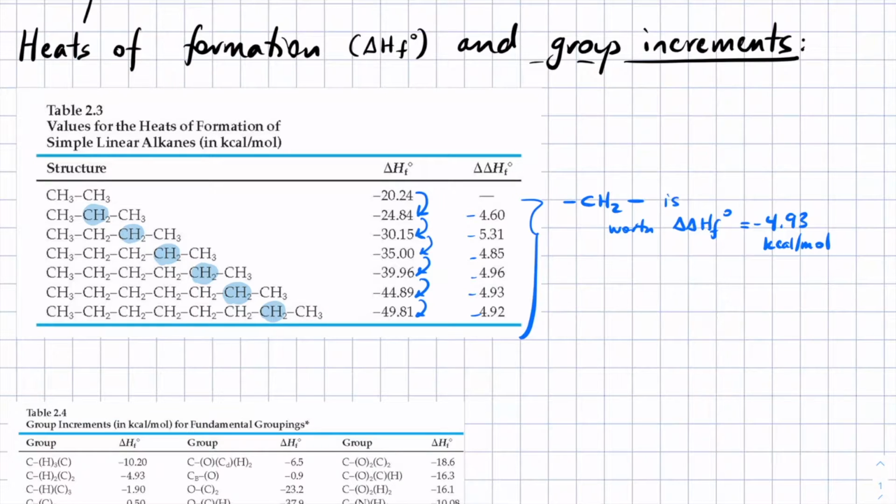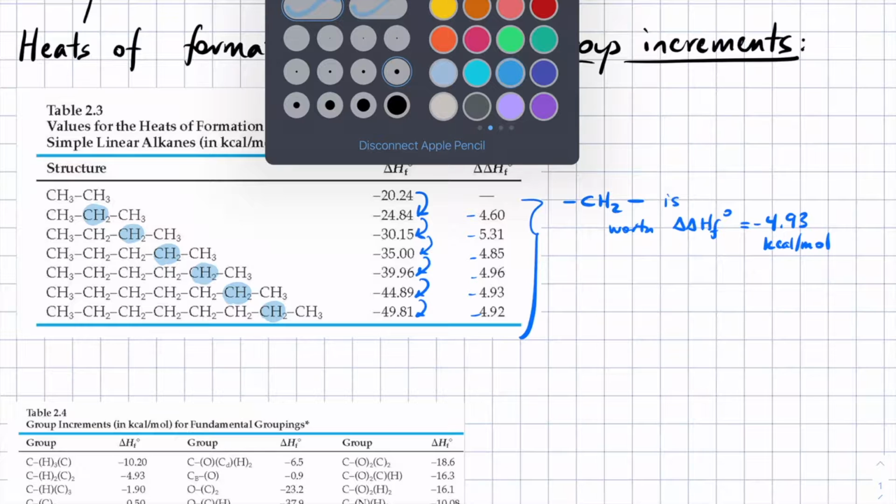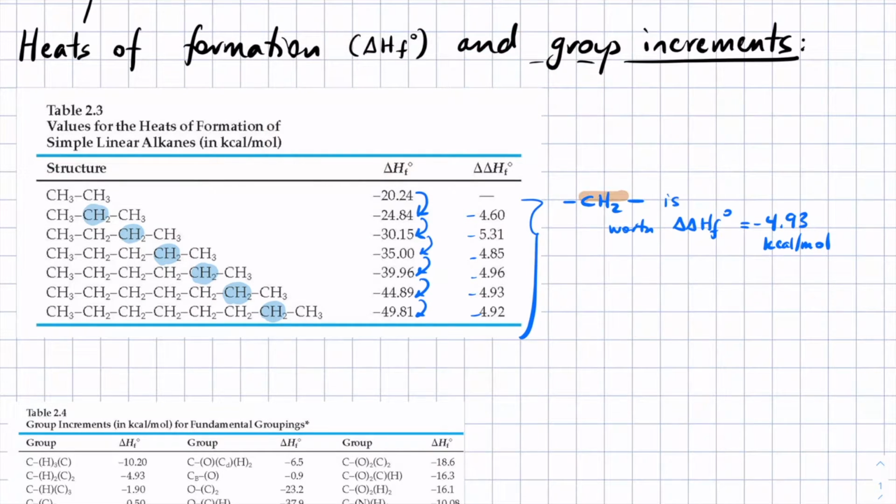However, if we have enough tabulated values that take into account the heats of formation of enough different functional groups, including methylene, but perhaps methyl and other interesting functional groups, then we can begin to estimate the heat of formation of a molecule and then compare that to the heat of formation of other molecules, and then we can have some measure of their relative stability, whether one's more stable than the other.